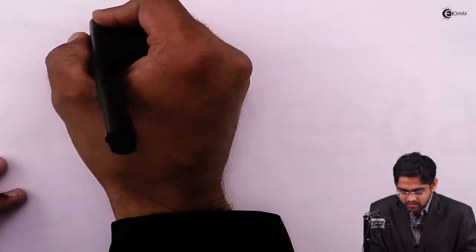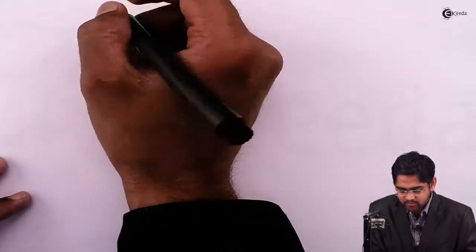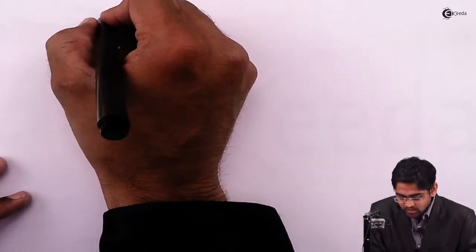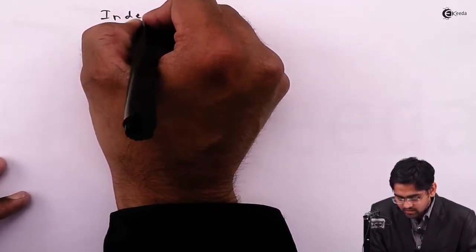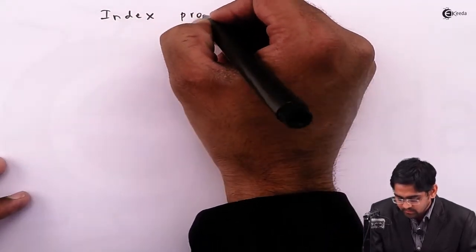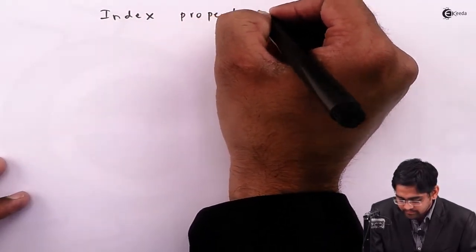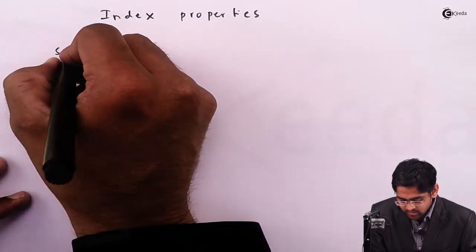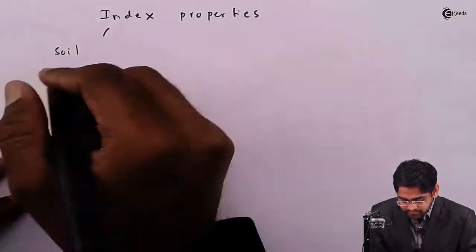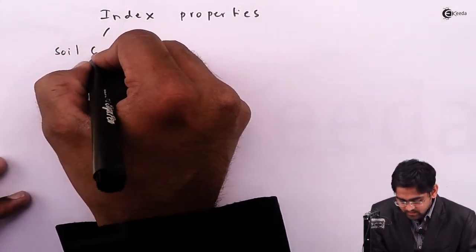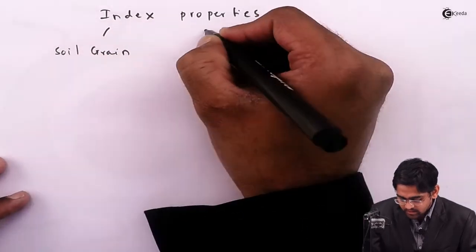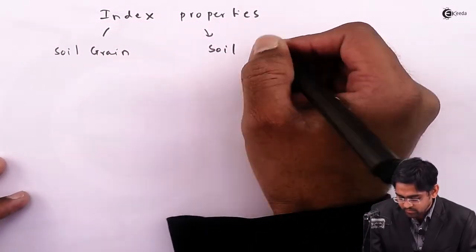So in continuation, in our previous class we discussed the two major index properties of soil, nothing but soil grain properties and soil aggregate properties.